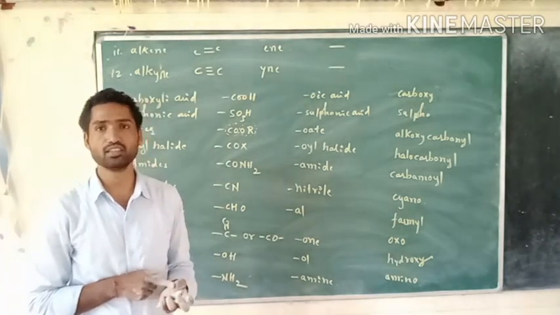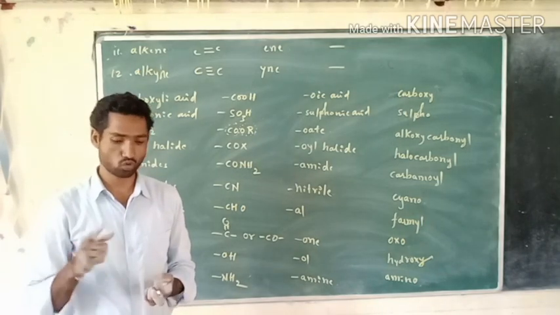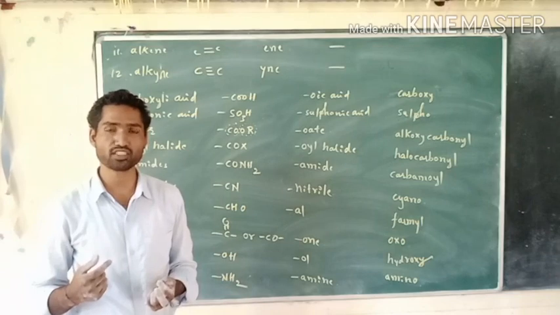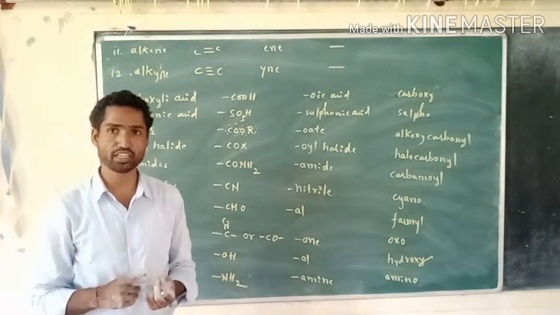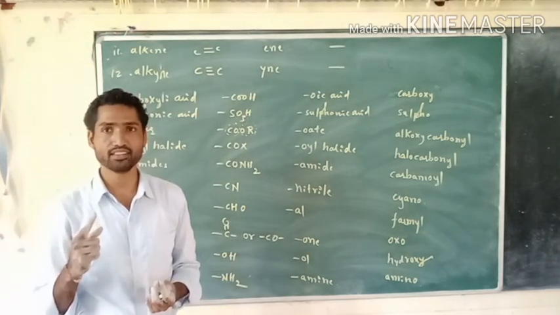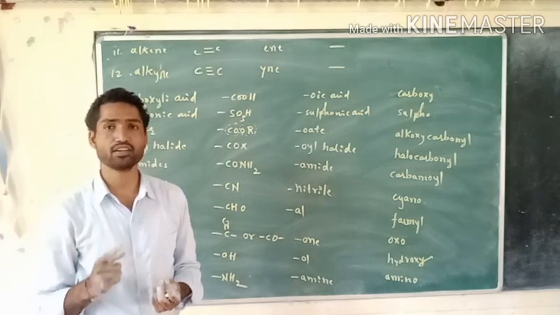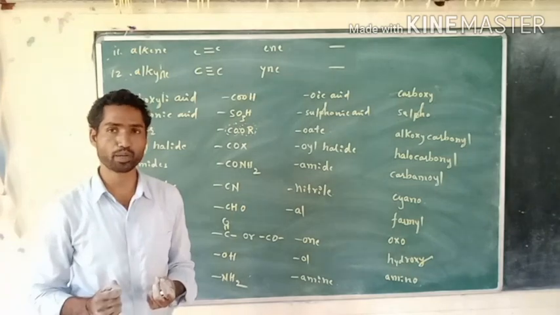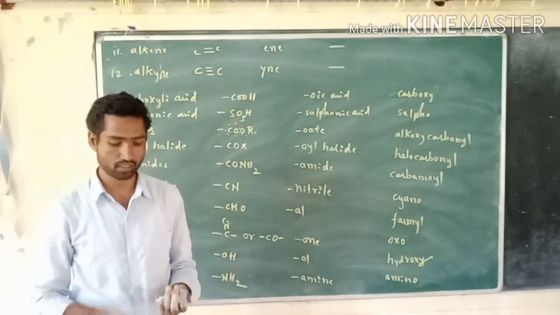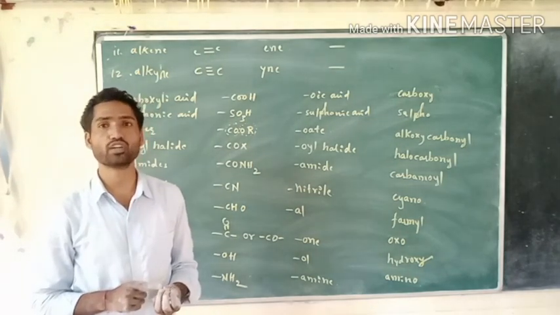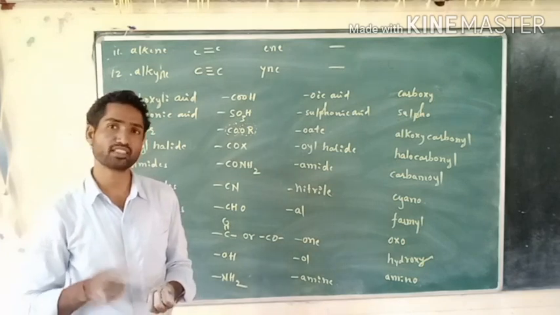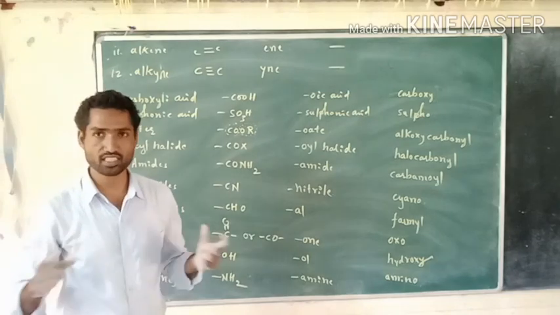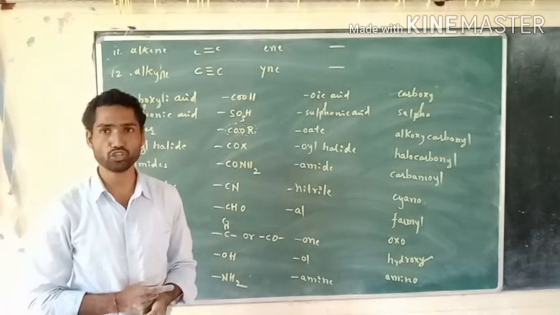Prefix is nothing but the substituent name. Next we have to write a root word that indicates the number of carbons present in the longest carbon chain. Third, we have to write the primary suffix, indicating the presence of single bond, double bond or triple bond in the longest carbon chain. Fourth, we have to write the name of the functional group, that is the secondary suffix. According to this structure we have to name the molecule.